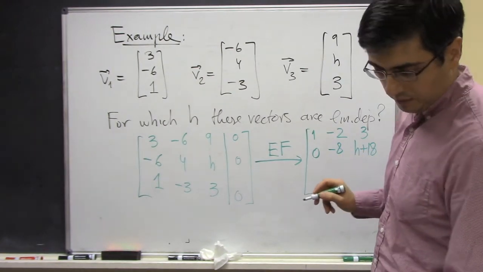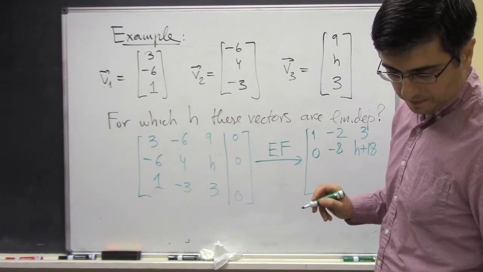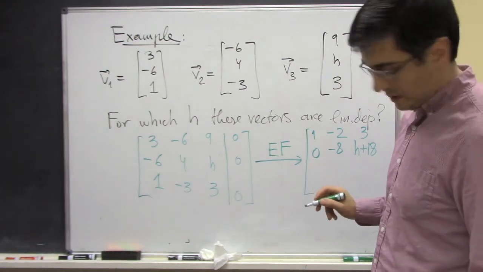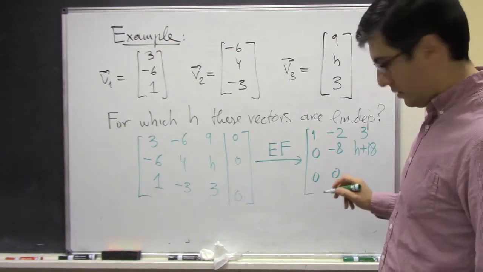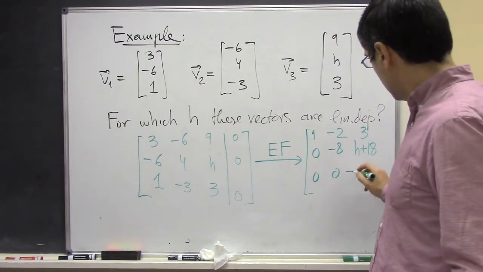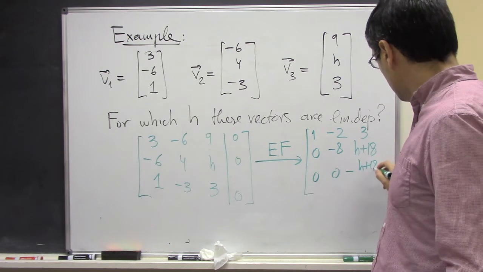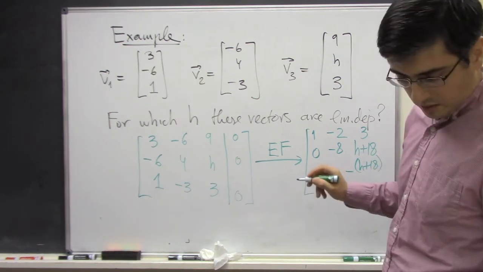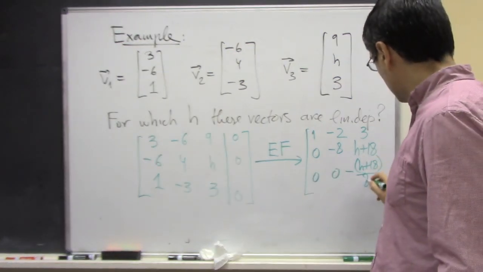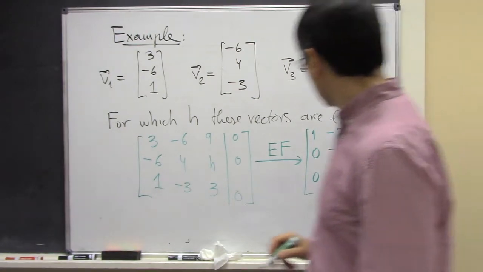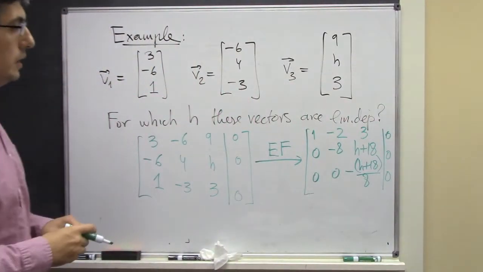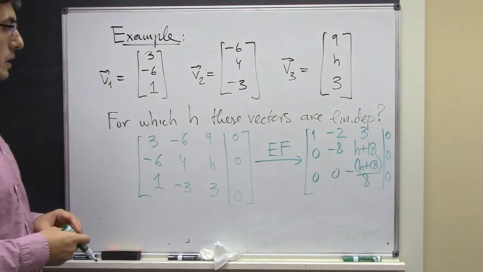And here you have 0, 0, -(h plus 18) over 8, and then 0, 0, 0.